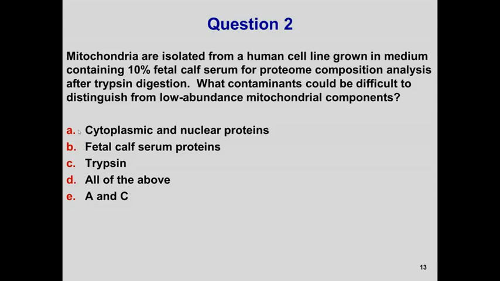So going back, this was a good answer. But fetal calf serum proteins I can distinguish based upon sequence differences between bovine and human. Trypsin is from a non-human source, and so I can distinguish that. So the best answer here is A.